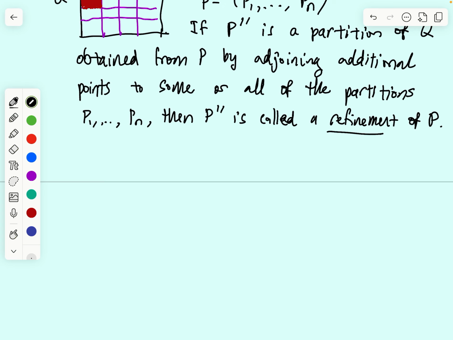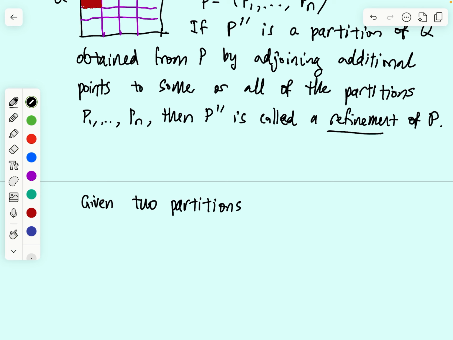Now let's say that you have two partitions P and P prime, where P prime is P1 prime through Pn prime.